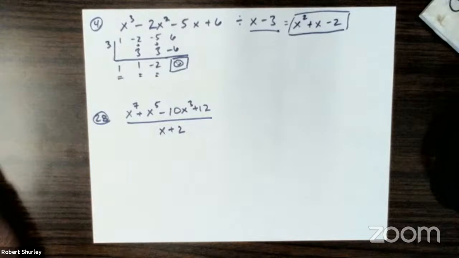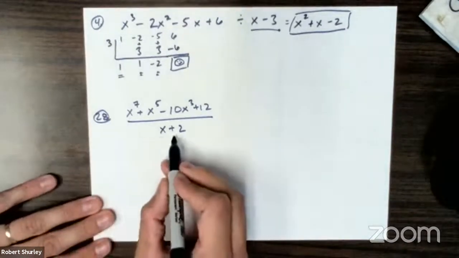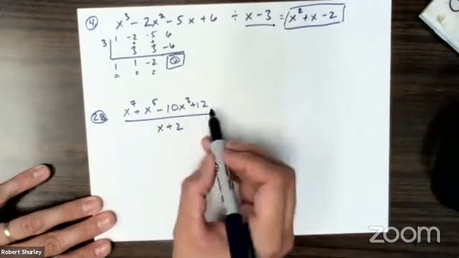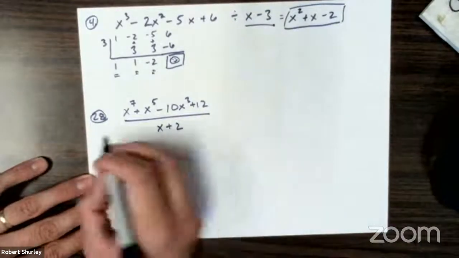Before I go, the next one's going to be long and kind of treacherous. I might have to get the calculator out again. Let's see here. So it's written in descending order. There's just no zeros, so I've got to write it with the missing terms.